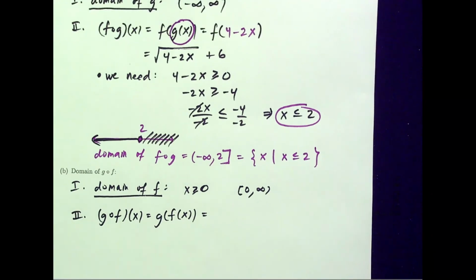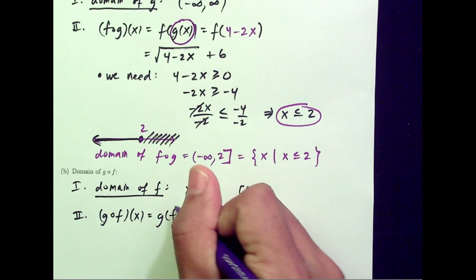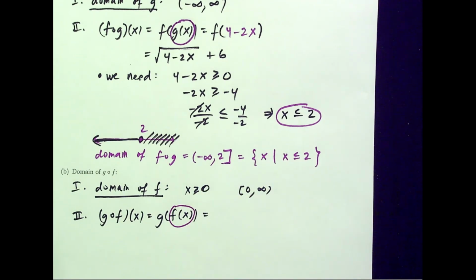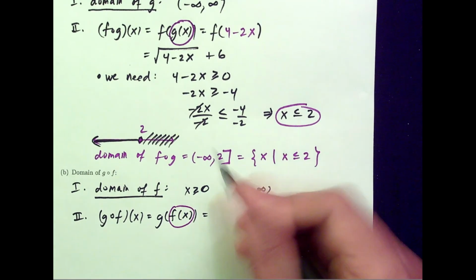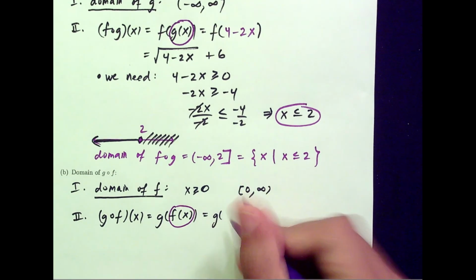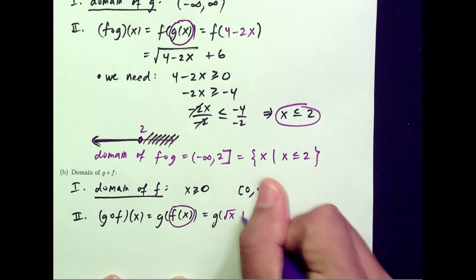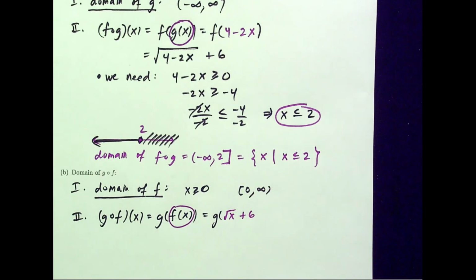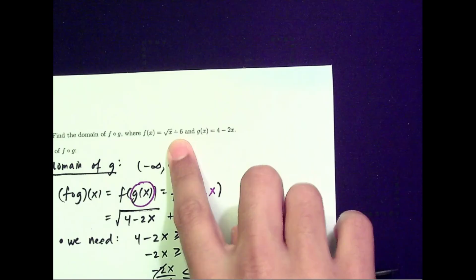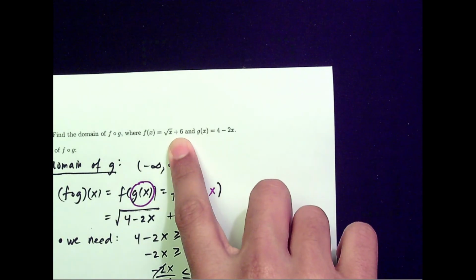F of x gets replaced with square root of x plus 6, because that's what the formula for f of x is. Right, here it is. That's what f of x is, square root of x plus 6.